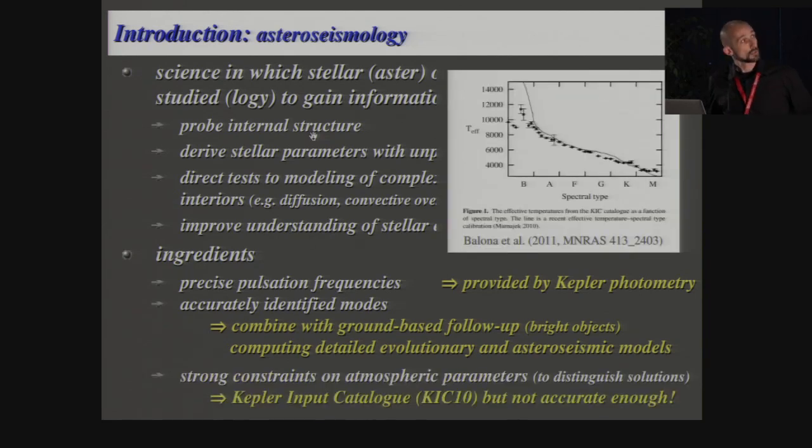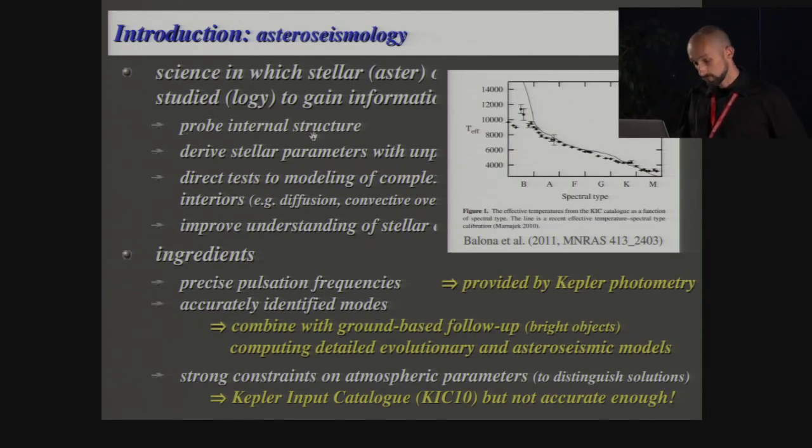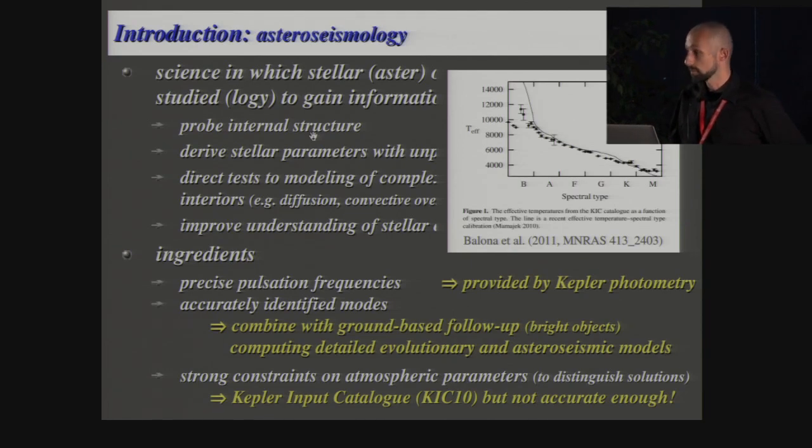And if you see multiplets or regular spacings, that can also help you with the mode identification. But we should also not forget that to obtain the best results, we should have strong constraints on the atmospheric parameters, as was also mentioned in the talk by Thomas, to distinguish between different solutions that can explain the observations.